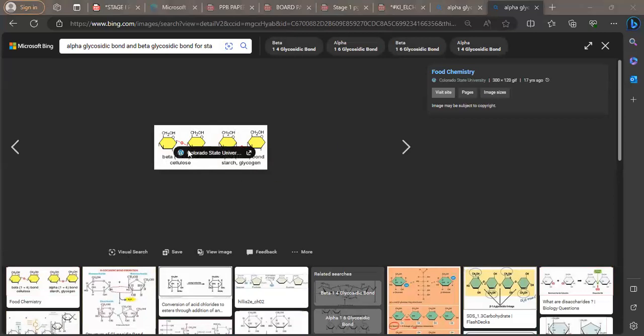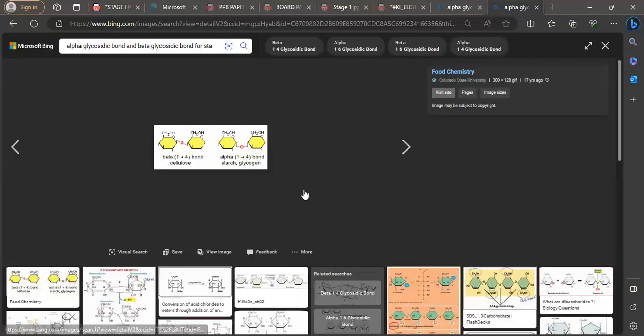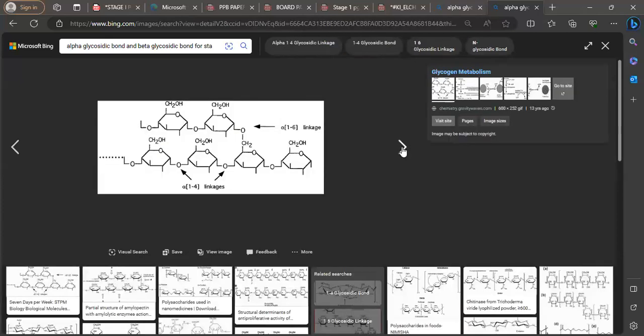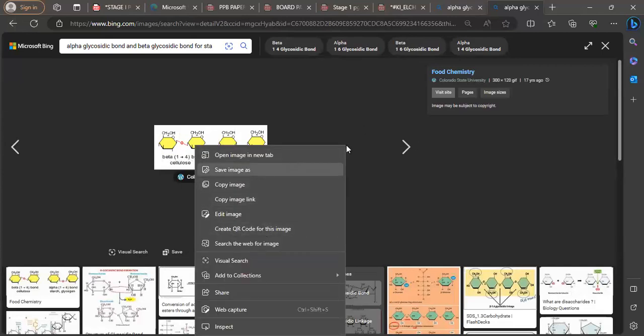But wait, guys, how do you know which one is unbranched and branched from these? I'm basing this off what we said earlier, that cellulose is unbranched, whereas starch and glycogen are branched. Yeah, but we can zoom further and see where the branching is occurring. So you want me to display another one? Go to the previous image, then click view image at the bottom.